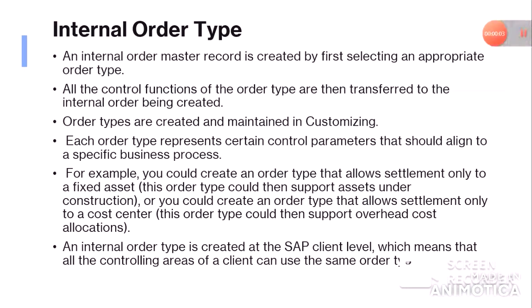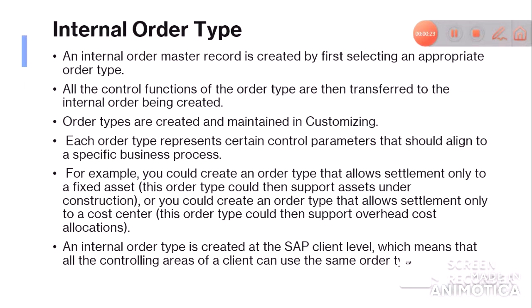Order types are created and maintained in customizing. Each order type represents certain control parameters that should align to a specific business process.